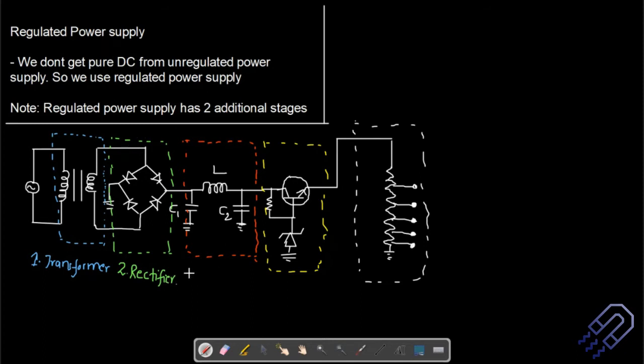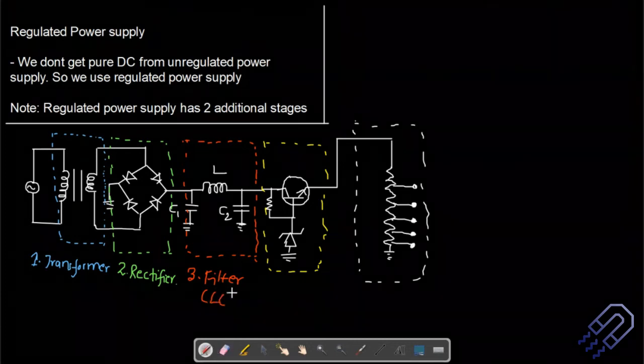And the third stage is basically nothing but the filter. So this is the filter circuit, and I will write down RC filter. Oh, sorry, LC filter. So this is an LC filter here that we have. The fourth one is basically a transistor regulator.